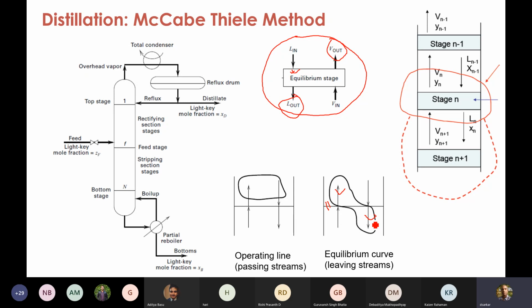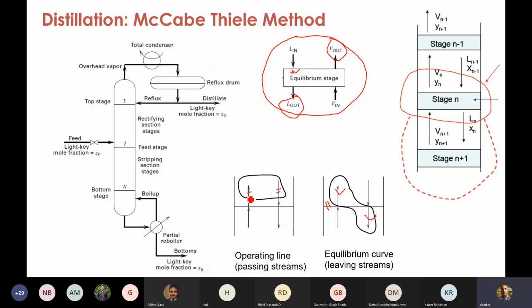Now we are also familiar with operating lines, which you obtain by doing a mass balance around the rectifying section and another mass balance around the stripping section. So these passing streams, right? The vapor stream that is leaving a tray and the liquid stream that is entering that particular tray, they are connected by the mass balance equation known as the operating line.